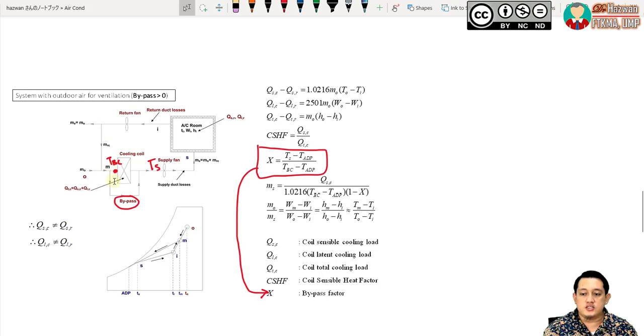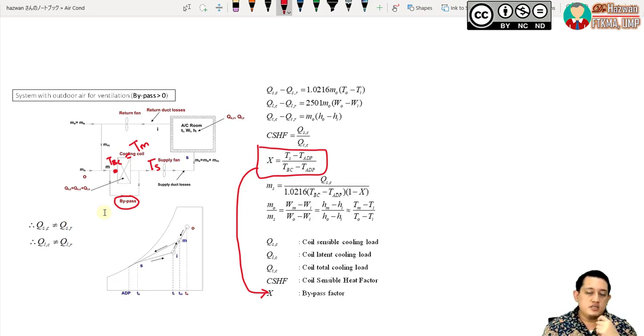So this is also actually a mixture between outside air and inside air, which is also equal to TM. So to calculate sensible heat of the cooling coil, we must use the temperature before and after the cooling coil, which means TM minus TS.